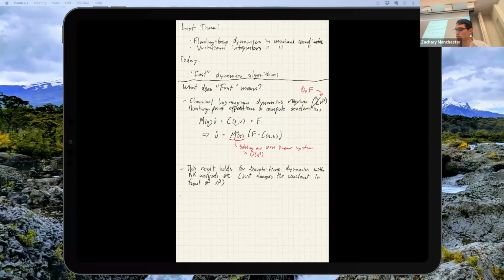The maximal coordinate story, if we're similarly naive about it, is even worse. Let's write that down really quick. So here we're solving a linear system at each time step as well, but we have a much bigger linear system to solve.